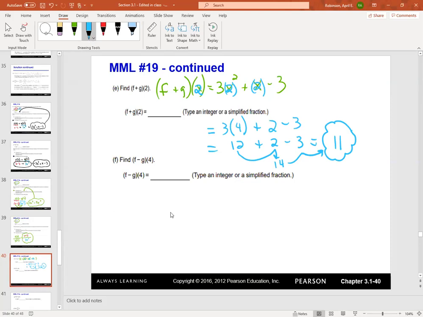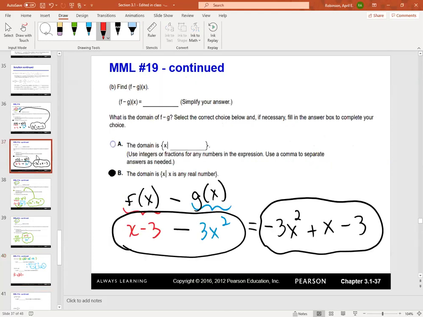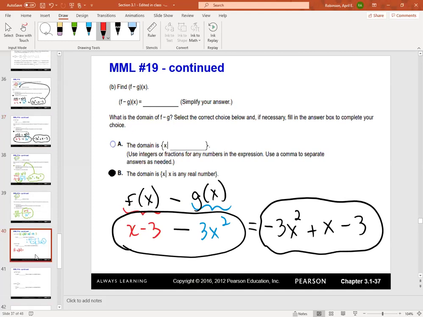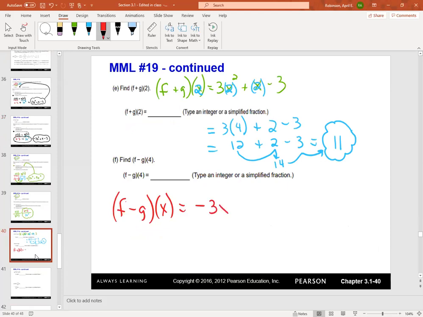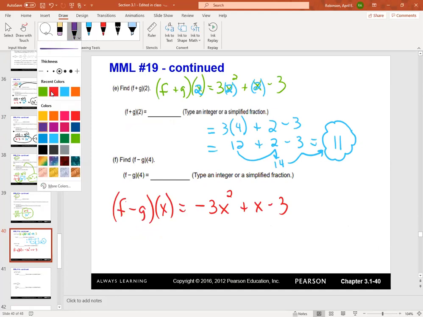And then part F wants f minus g of 4. And earlier we had calculated f minus g of x. That was part B. When we calculated it, I got negative 3x squared plus x minus 3. But they want you to calculate f minus g of 4.